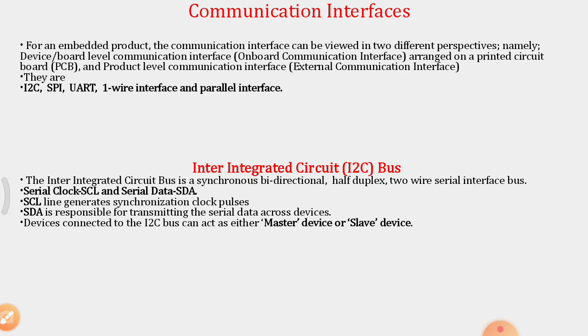It has two wires and works in half duplex, that is only one way at a single time of communication. Either the master is sending the data and the slave receives it, or the slave is sending the data and the master receives it, which is called half duplex. Bidirectional means either from the master or from the slave.